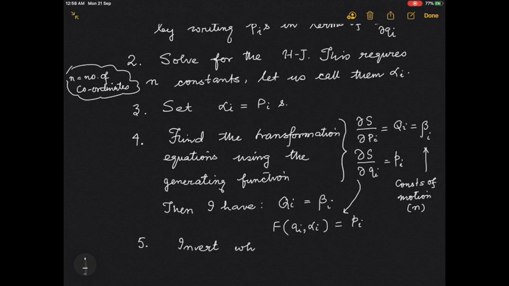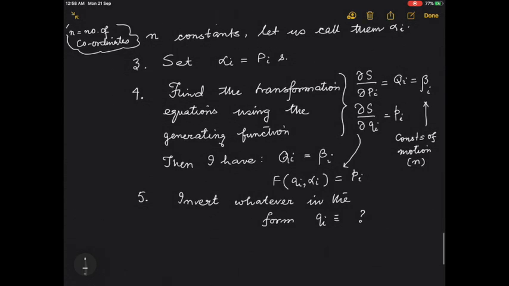So I can now invert whatever relation you have got in the form Qi equals something and Pi equals something.